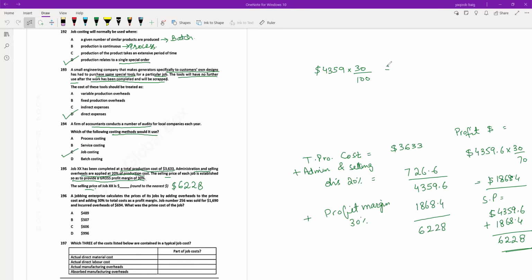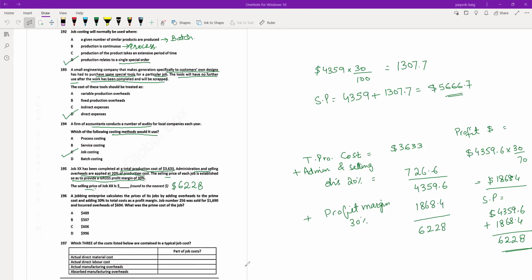Then profit is determined with this approach where cost is treated as 100%. In this situation, where markup is needed, we have a selling price of 5666.7. But here we have what? We have 6228.